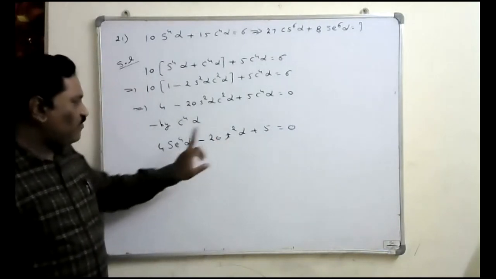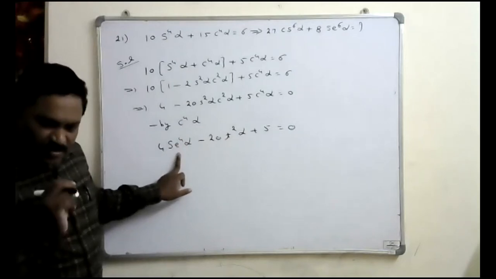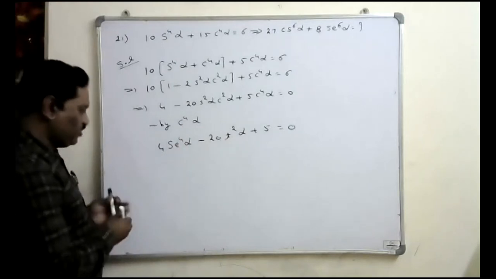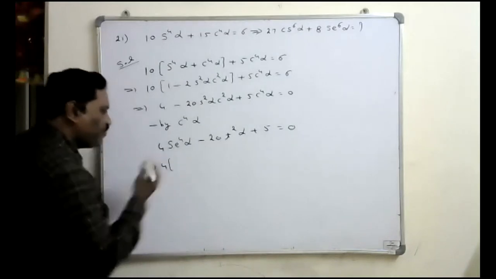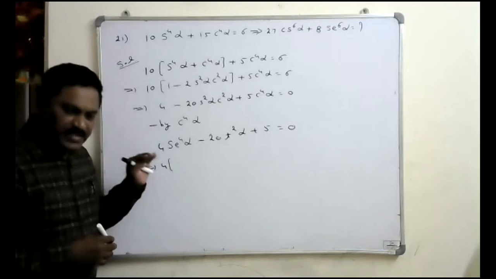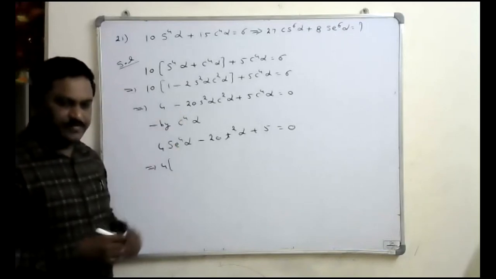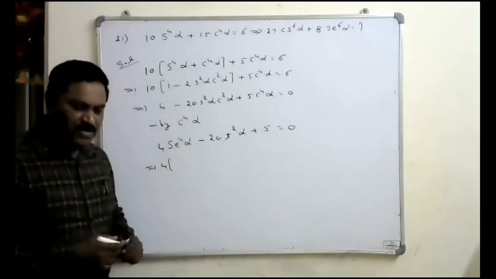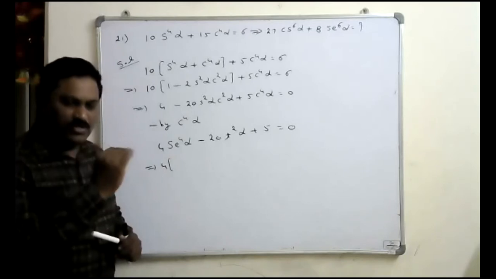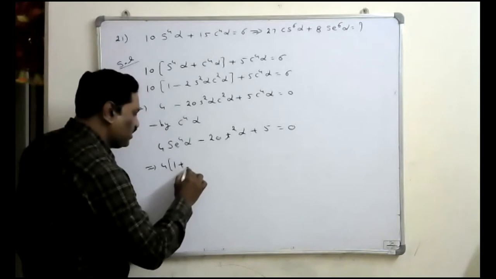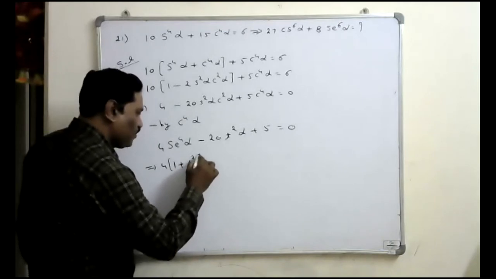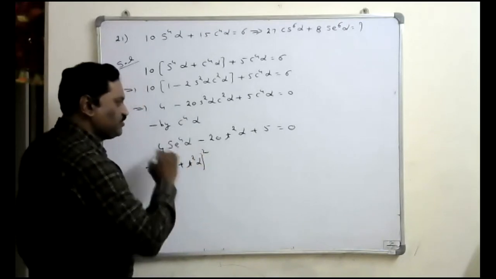There is a tan square alpha, that's why we will write this also in tan square alpha form. 4 times secant power 4 alpha, we can write as secant square alpha whole square. The secant square alpha we can write as 1 plus tan square alpha whole square. Like that you can express this.